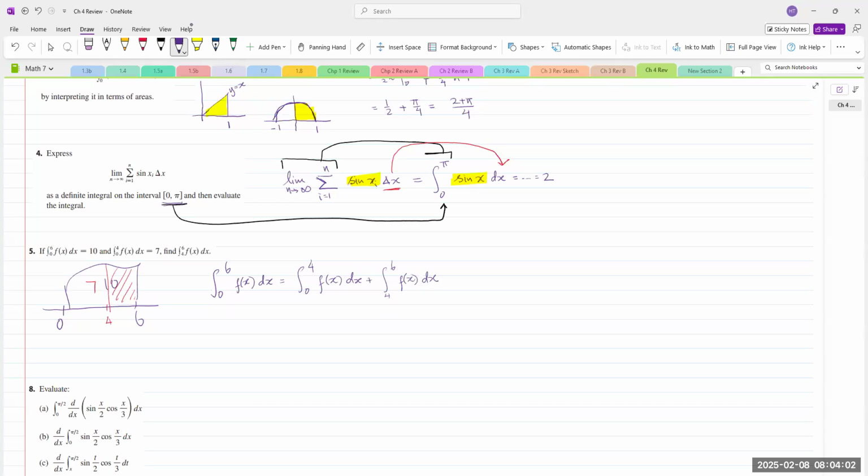Now we know the integral from 0 to 6 is 10 and the integral from 0 to 4 is 7, so for the integral from 4 to 6, you can subtract those two numbers. Will I ask this kind of question? Even if I do, I think this question is quite easy.